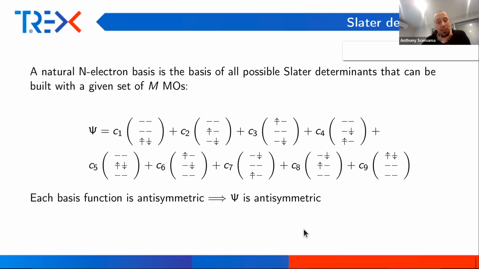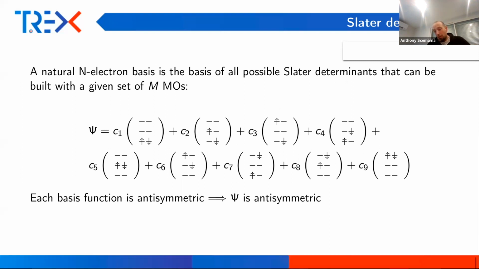there is a natural set of N electron functions that you can take. It's the basis of all possible Slater determinants that you can build with a set of molecular orbitals. The reason is that these Slater determinants are all antisymmetric functions.